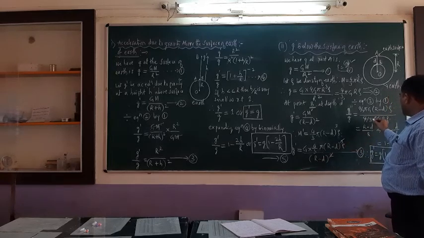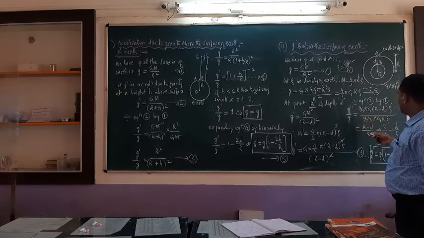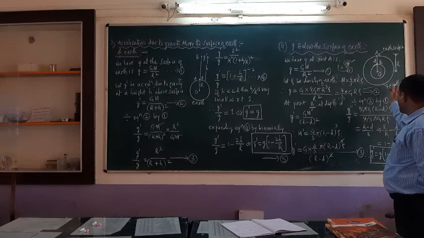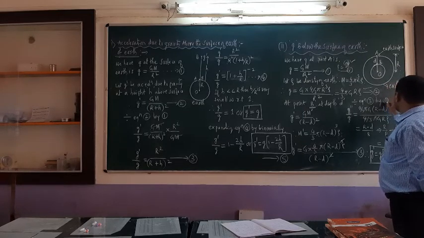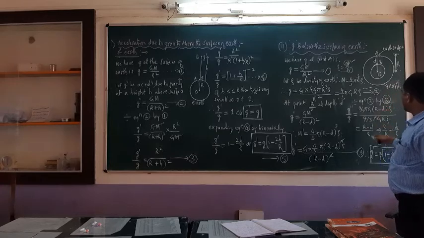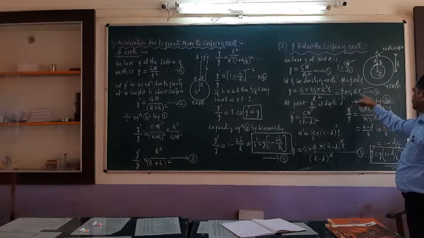This is divided by equation number 2, that is, 4 by 3 pi g r into rho. So we are dividing equation 3 by equation 2.